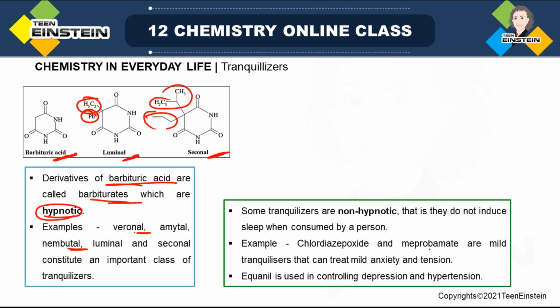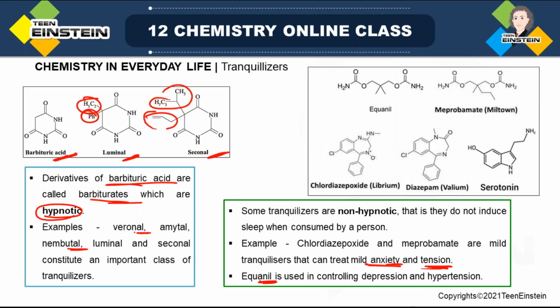Examples under this non-hypnotic category are chlordiazepoxide and meprobamate. They are mild tranquilizers that can treat mild anxiety and tension. But obviously, if it is not mild, we have to use some other drugs. There is another name, equanil, which is used in controlling depression and hypertension.